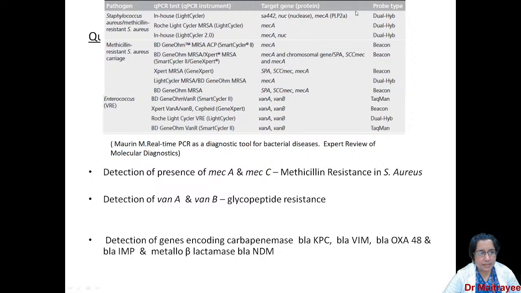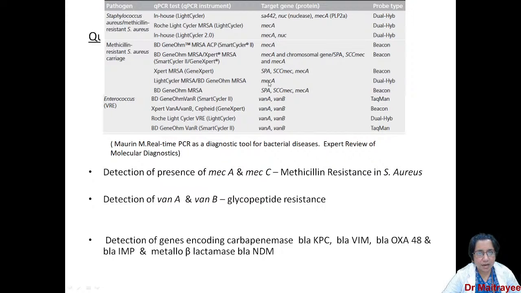This slide shows how PCR may be used as a diagnostic tool for multi-drug resistance. This data is from Maureen M., published in Expert Review of Molecular Diagnostics, on the use of real-time PCR as a diagnostic tool for bacterial diseases. Here we can see that qPCR may be used as a diagnostic tool for methicillin-resistant Staph aureus, as well as for vancomycin-resistant Enterococcus.